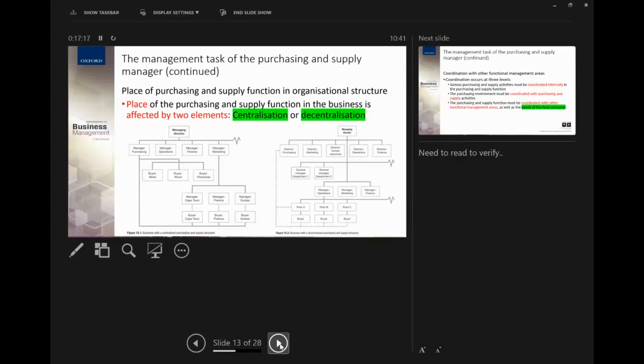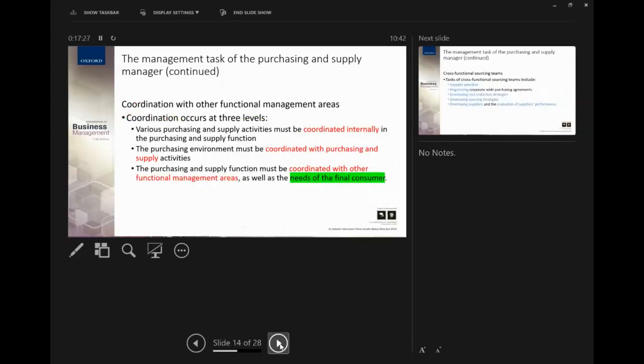So that is pretty much what I was talking about in terms of, is it centralized, is it decentralized? I'm sure you guys touched on decentralization and centralization somewhere along the line.